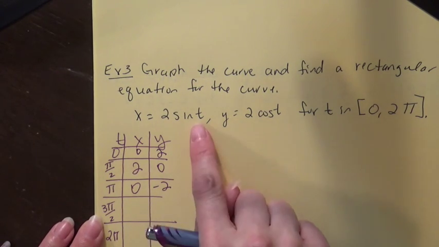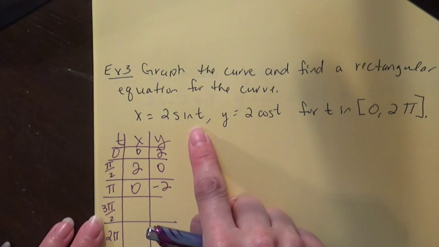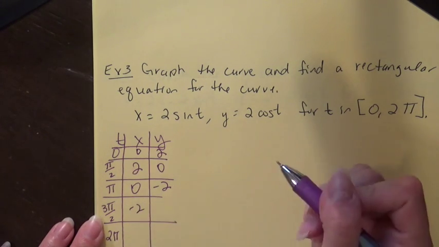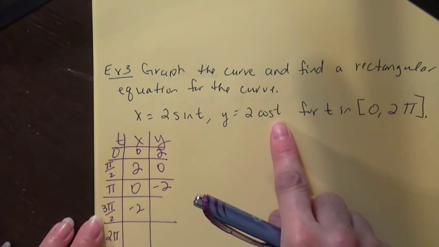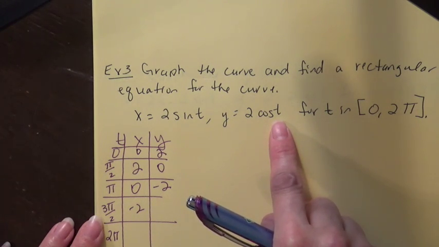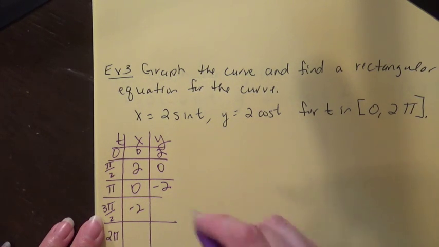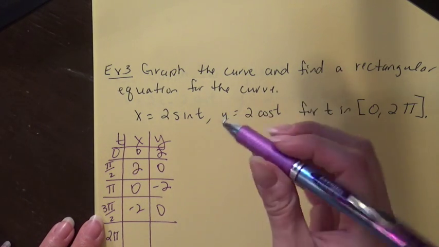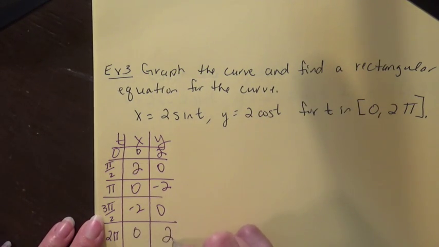Putting 3 pi over 2 into my x function will give me negative 2. Putting 3 pi over 2 into my y function will give me 0. And then 2 pi, I'm back at 0 again. That's going to give me 0, 2.